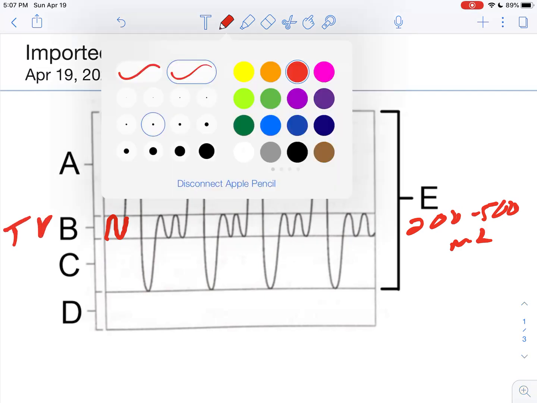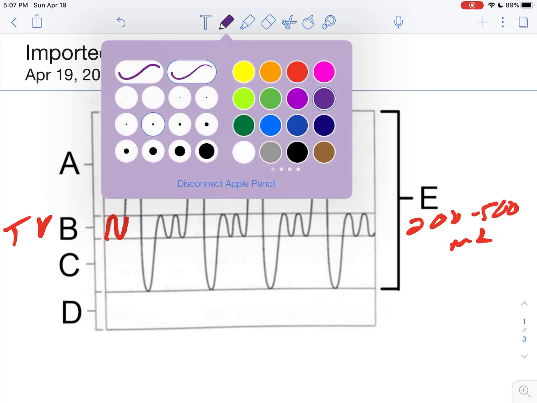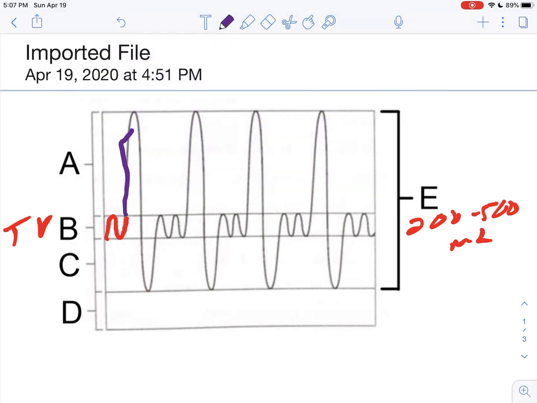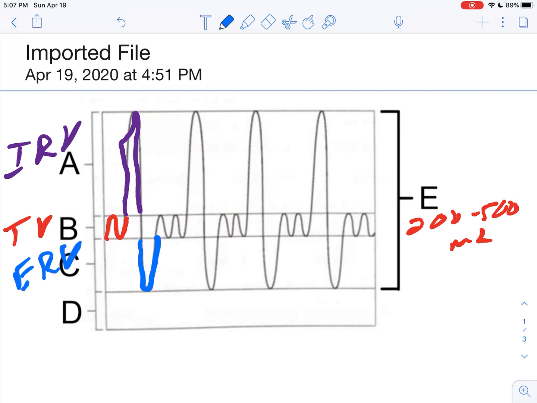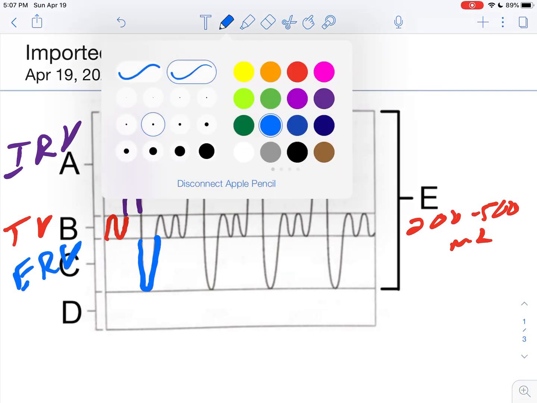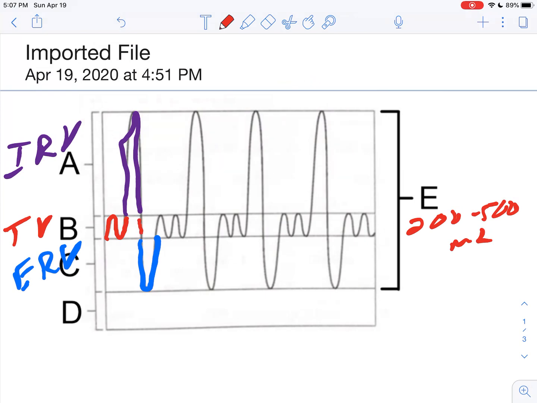Let's change the color. That's going to be your IRV. Let's change it again. This here is going to be your ERV. That's your expiratory reserve. Keep these. These are going to be tidal breaths.